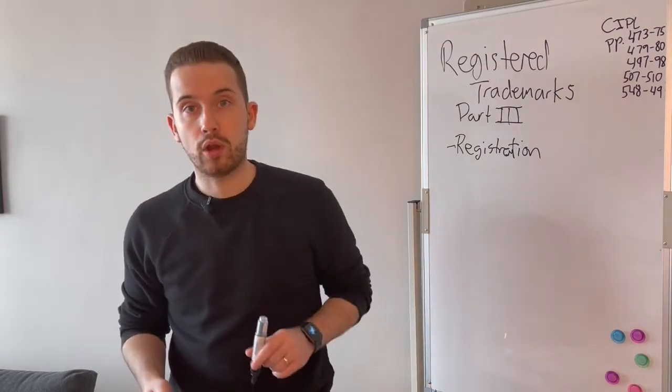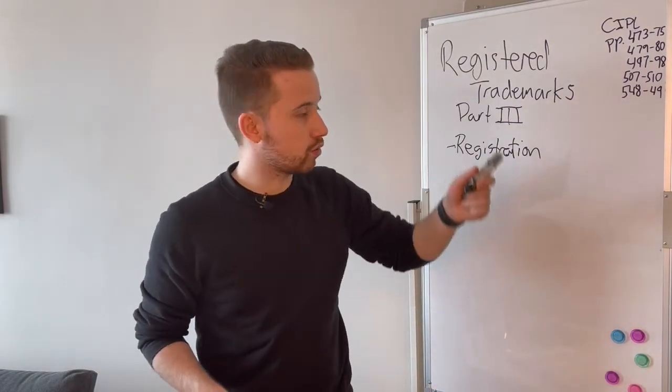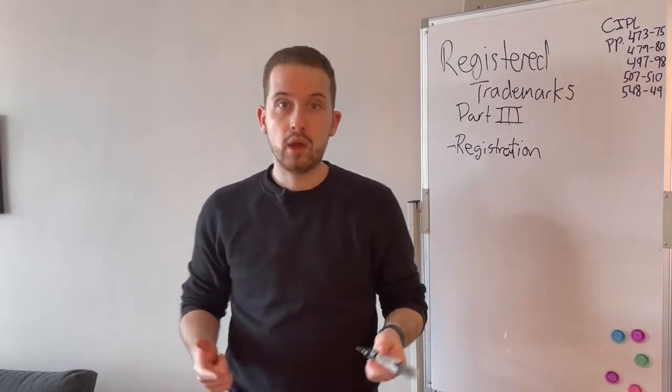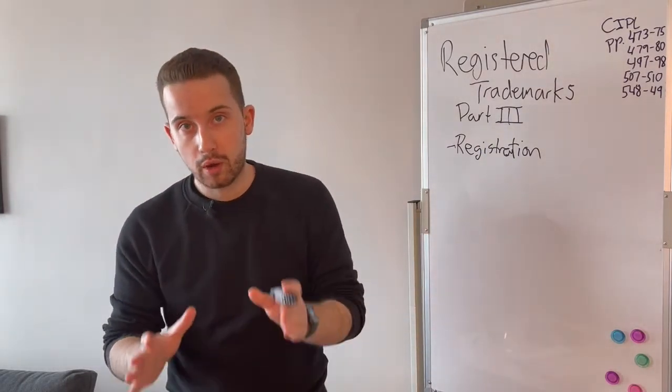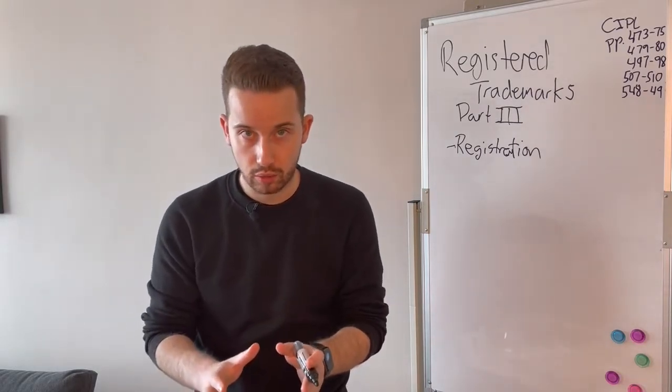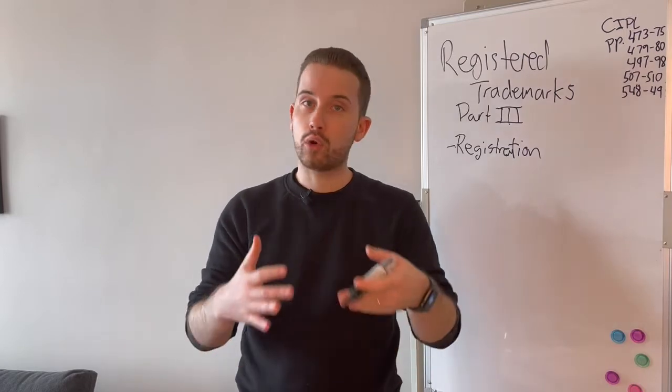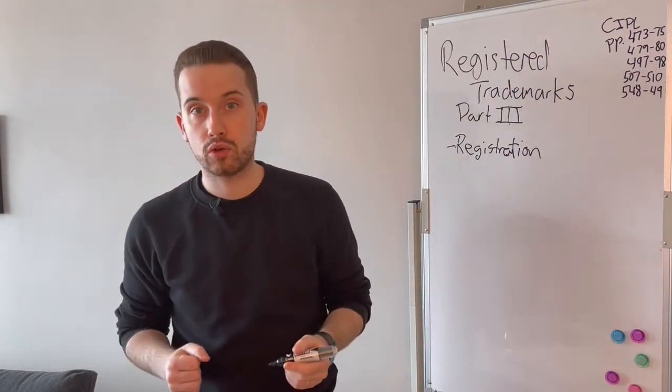And since we're, as I said earlier, under registered trademarks, the main issue is going to be whether your trademark that you're attempting to register is confusing with, or otherwise infringes upon, another registered trademark.